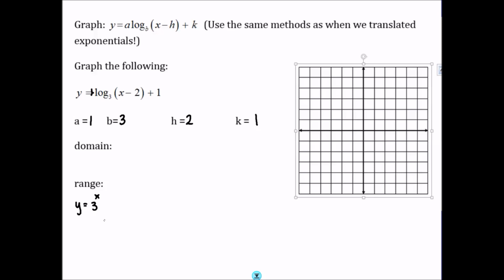Last class we looked at this. We had the x values -1, 0, and 1. And if we do 3 to the x, 3 to the -1 is 1/3, 3 to the 0 is 1, and 3 to the 1 is 3.